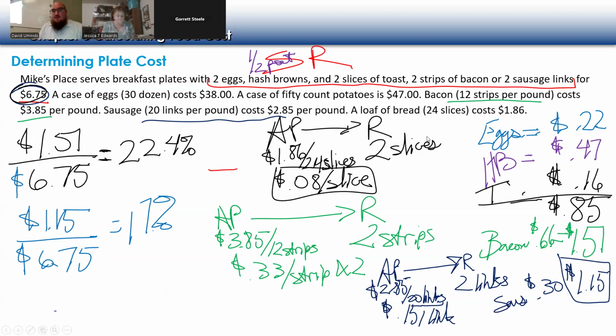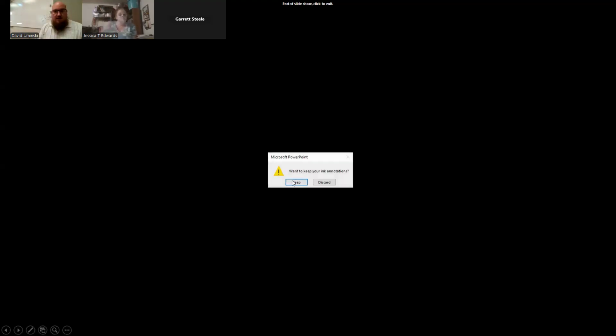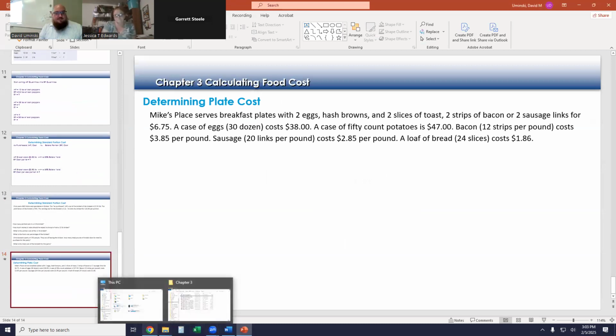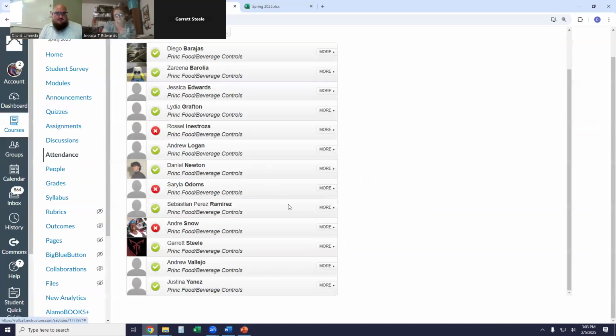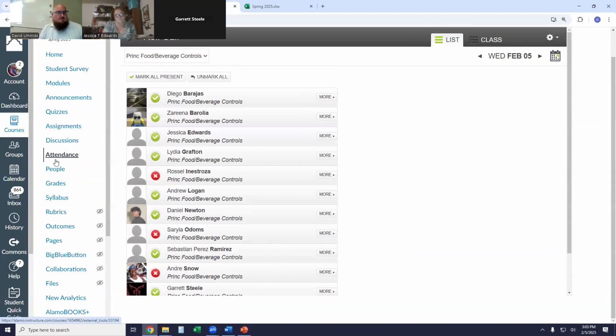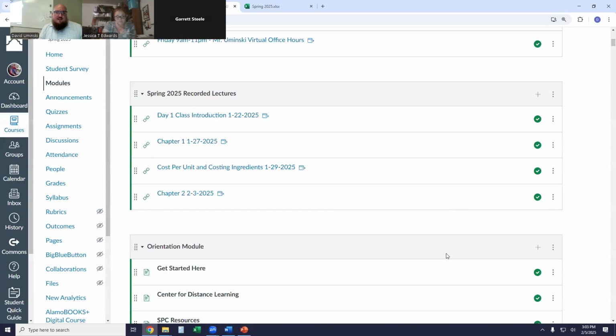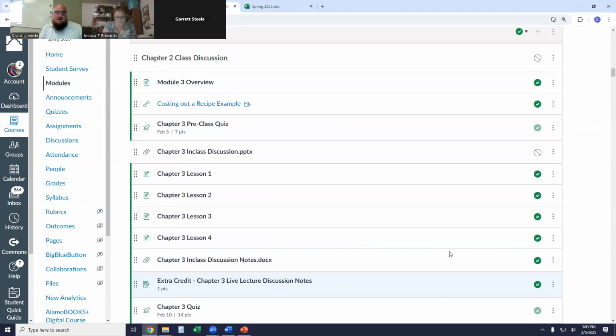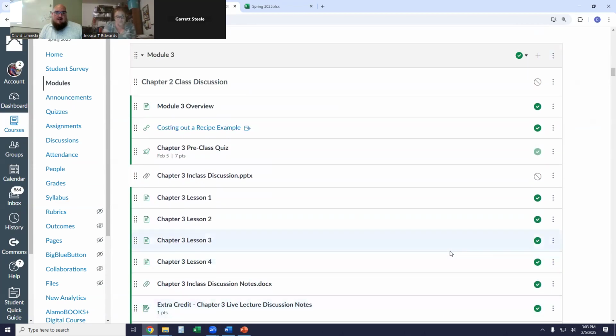So everyone go ahead and pull out the, excuse me, the brisket math. Those of you in the modules, let me just make sure I have that in there for you. I don't.